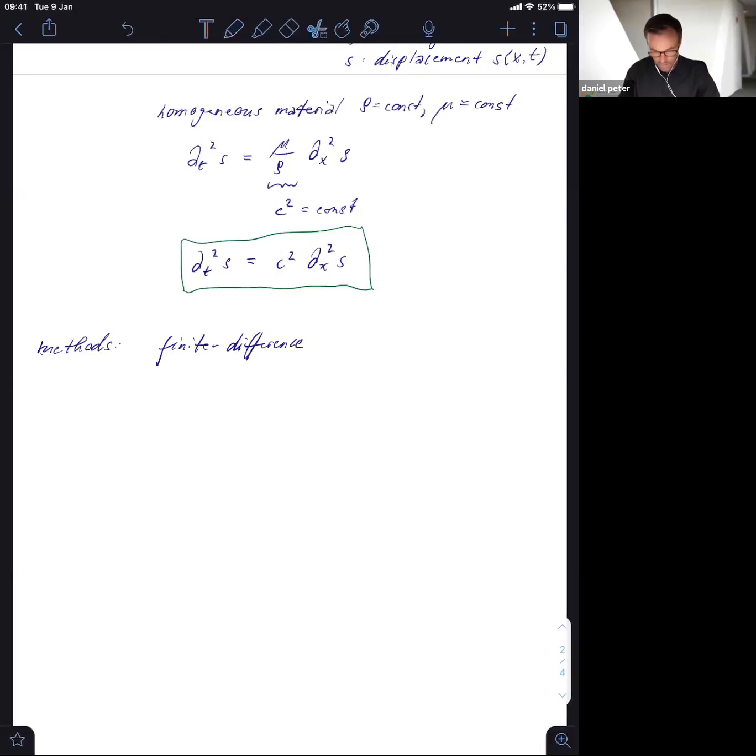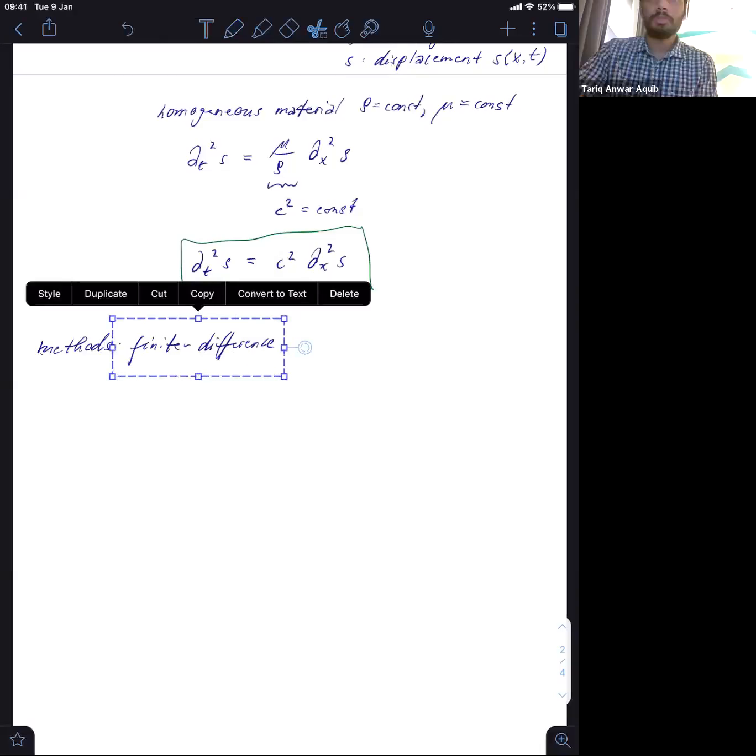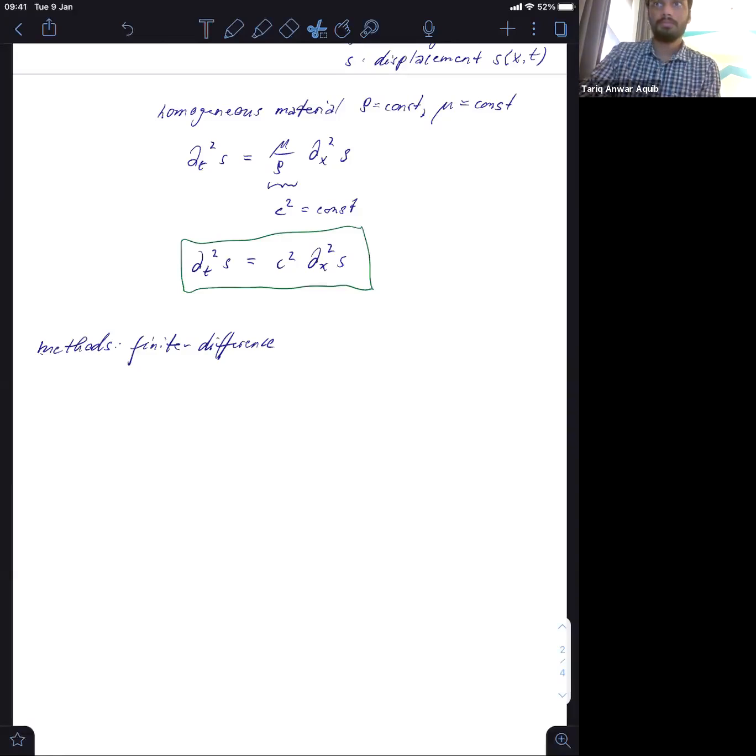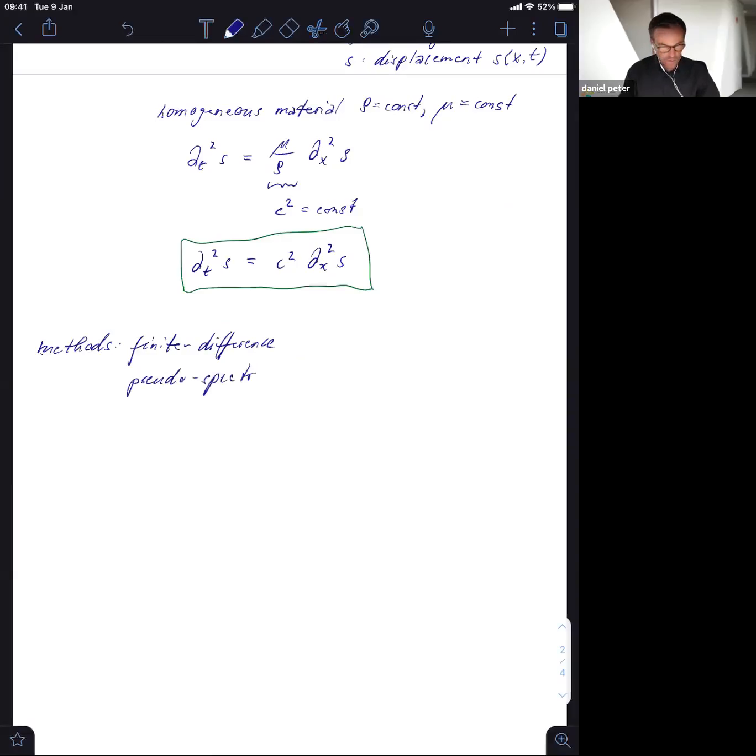Then we had, who remembers what was the next one we had? Pseudospectral, right? Then finite element, right?